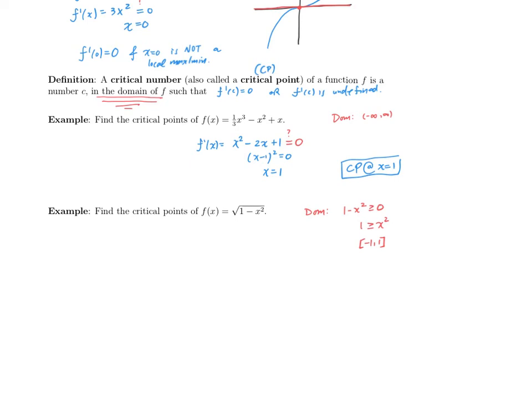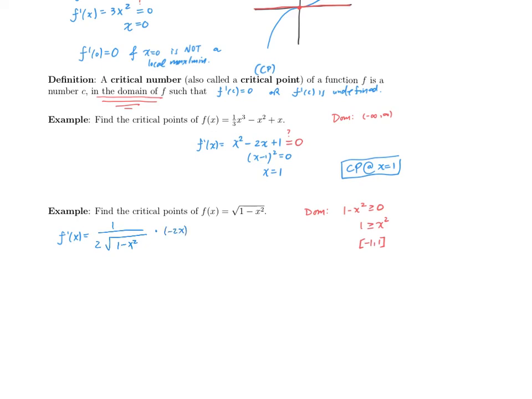So let's go ahead and differentiate the function. This is something that requires the chain rule. We have an inside function 1 minus x squared, and the outside function is a square root. So we take the derivative of the outside function, we evaluate it at the inside function, and we multiply it by the derivative of the inside function.